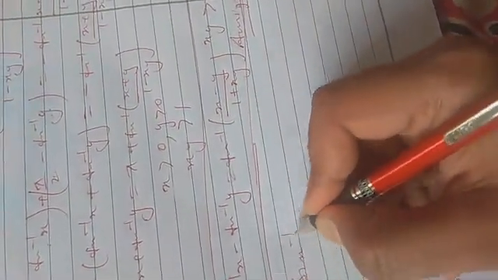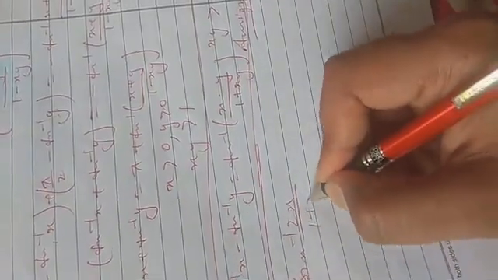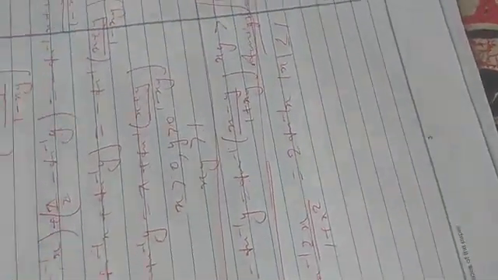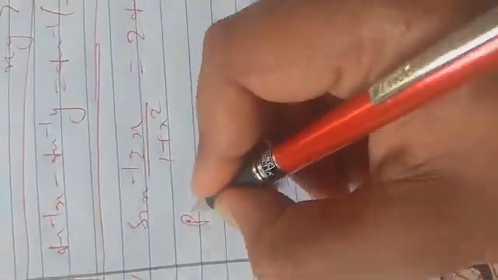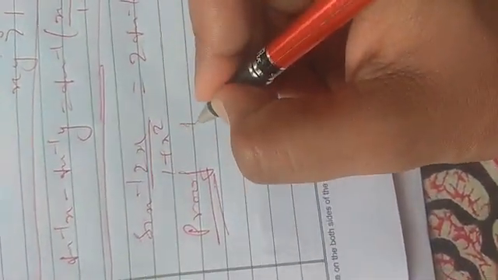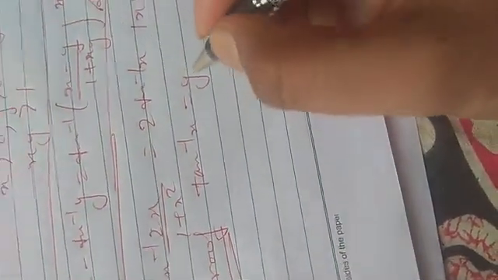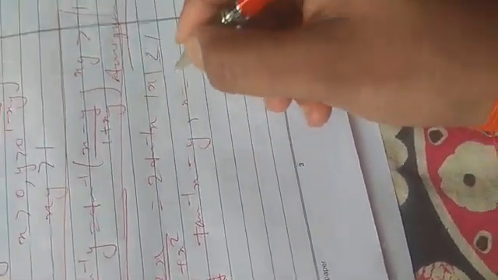We have discussed sine inverse (2x upon 1 plus x square) equals 2 tan inverse x for mod x less than or equal to 1. This can be done by assuming the proof: let tan inverse x equal y, or we can say that x equals tan y.